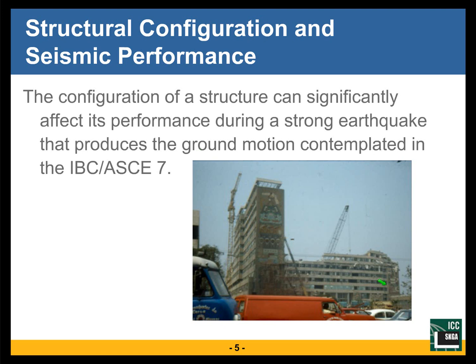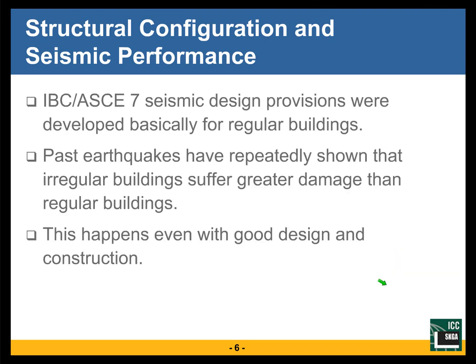You see that it is an L-shaped building. That was not the only factor that doomed the building, but it definitely contributed to what happened to the building. So the configuration of a structure can significantly affect its performance during a storm. What I said on this slide is very important.